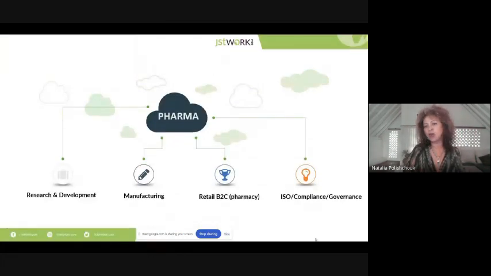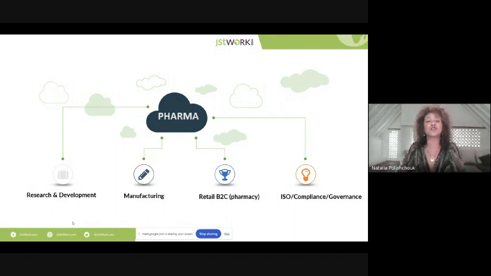So for example, let's look at pharma. Let's look at it from a bird's eye point of view. We have those that create the research, the development, they invent the medications, they do all of the testing, everything else. So we have the one area of pharma is that. Second is the manufacturing, those that actually are making the pills, actually creating these medications.